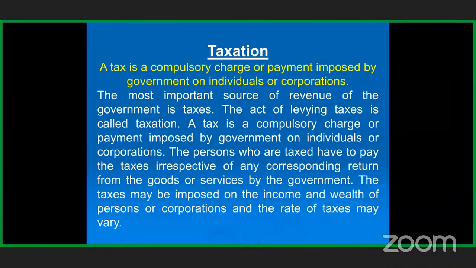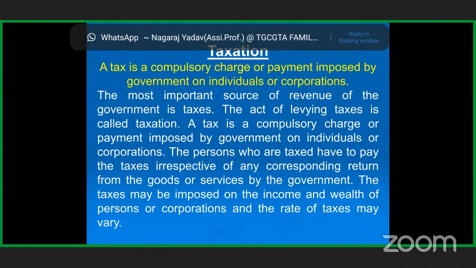The revenue collected by the government through the taxes will be incurred as public expenditure for the implementation of various programs and for the provision of services and facilities in the country.